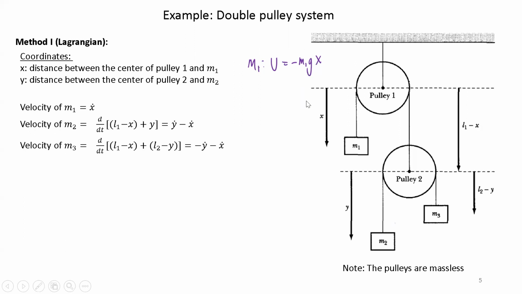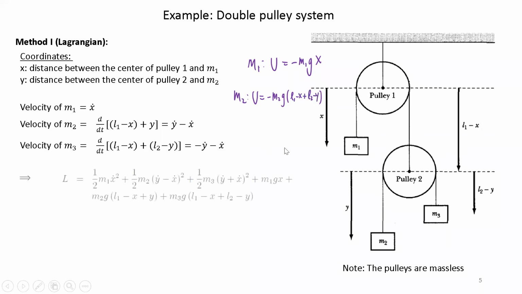And then similarly, for M2, the U will again be minus M2 g times the total distance. What is the total distance? This L1 minus x plus L2 minus y. No, I'm sorry, L1 minus x just, and plus y only.